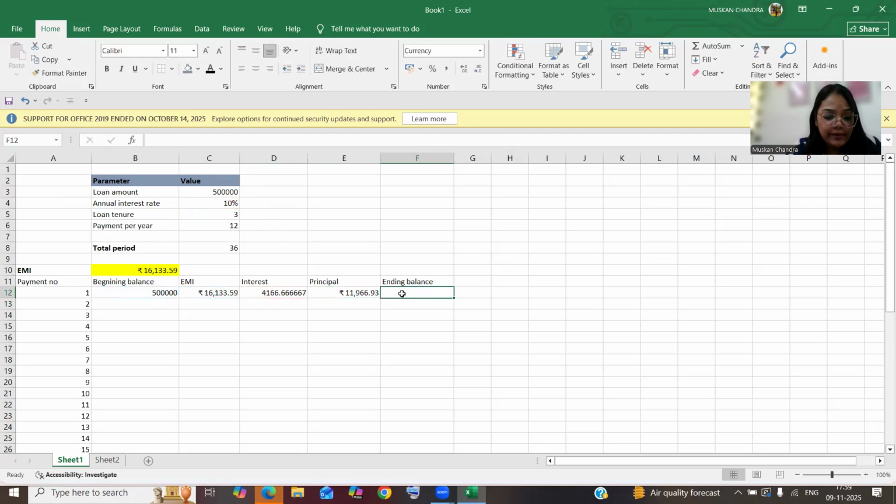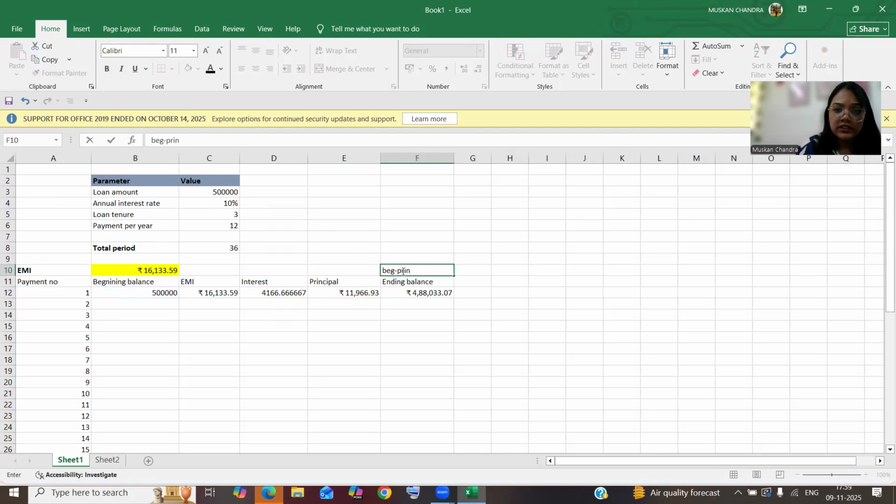Ending balance will be equals to B12 minus E12. This is beginning minus principal.